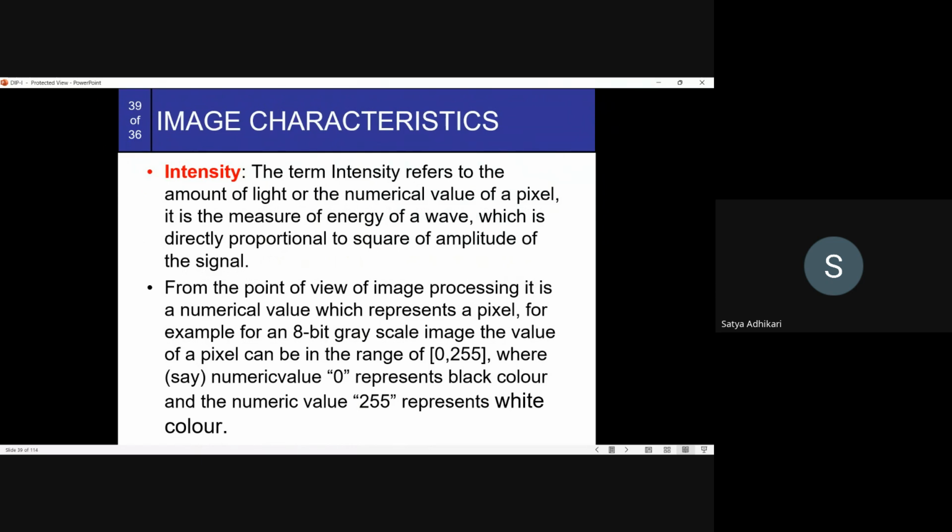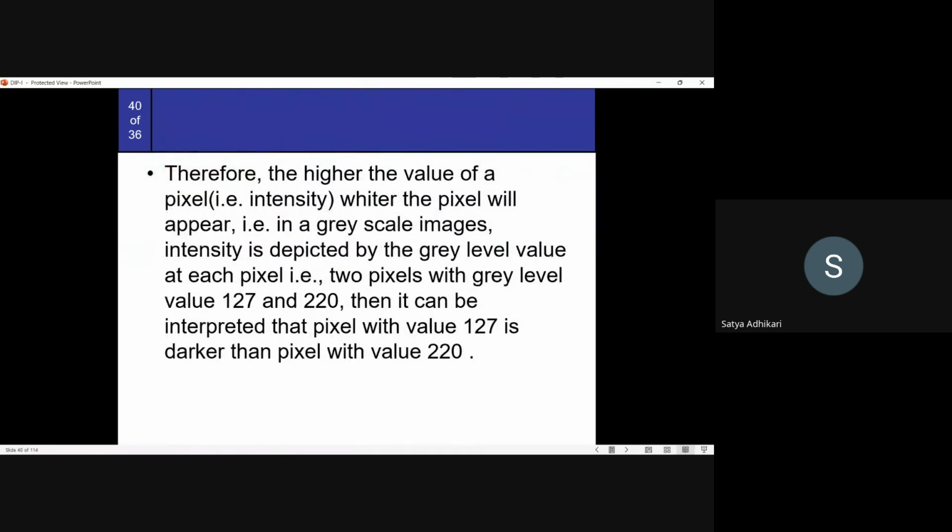For example, for an 8-bit gray level image, the value of the pixel can range from 0 to 255. We have already discussed that 0 stands for black color, and 255 represents the white color, with numeric intensity values in between. You can call these gray level values.